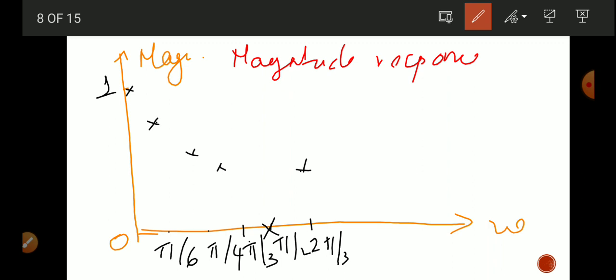At omega equal to 3 pi by 4, we have the magnitude as 0.707. Here we can take it as 3 pi by 4. And at omega equal to pi, we have the magnitude as 1.